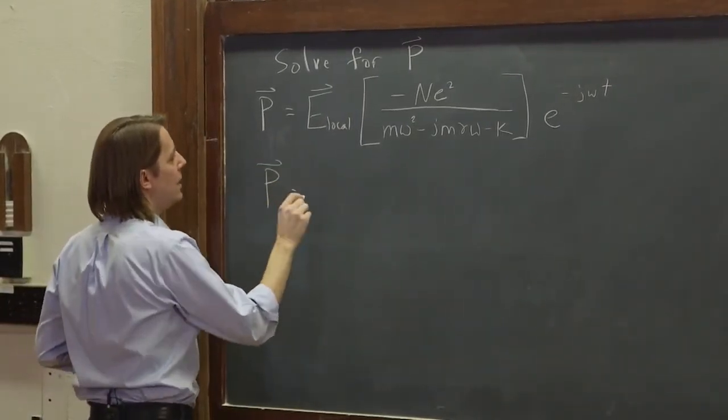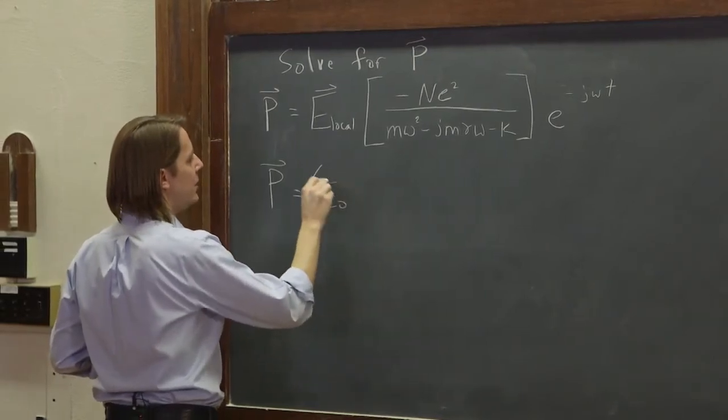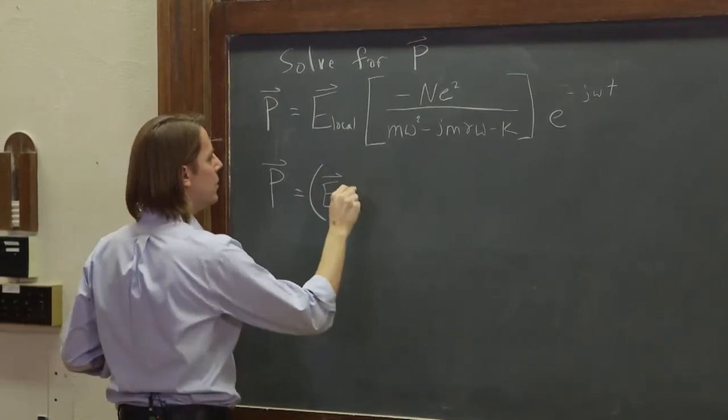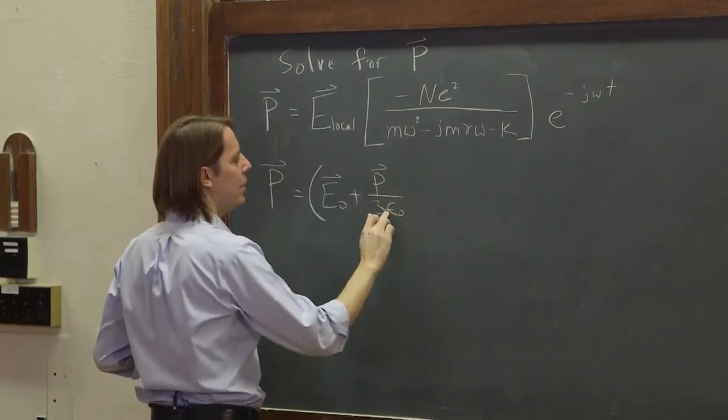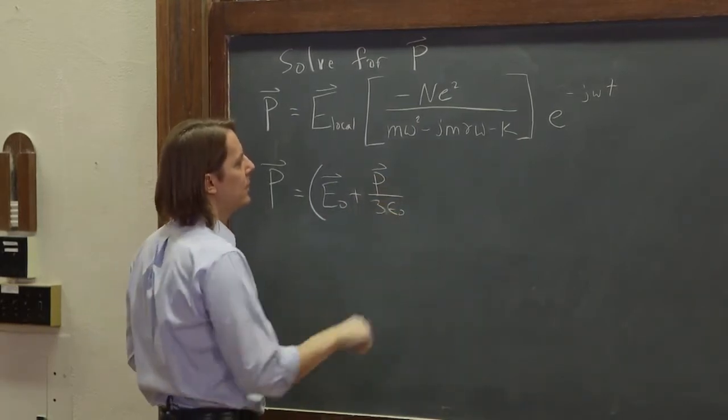P is, that was E naught plus P over 3 epsilon naught, permittivity of free space.